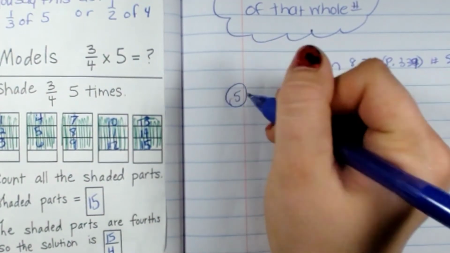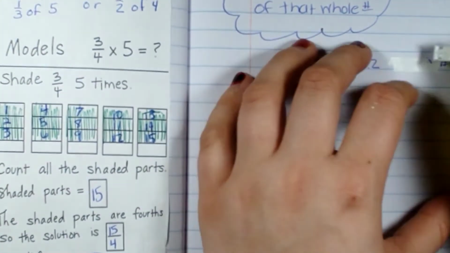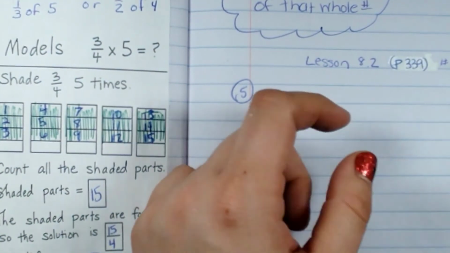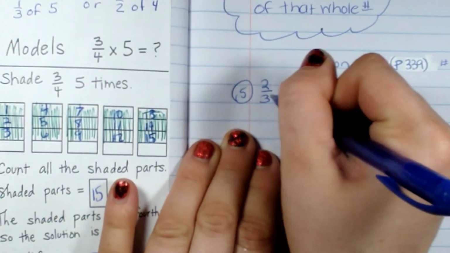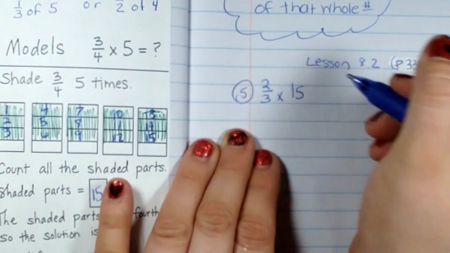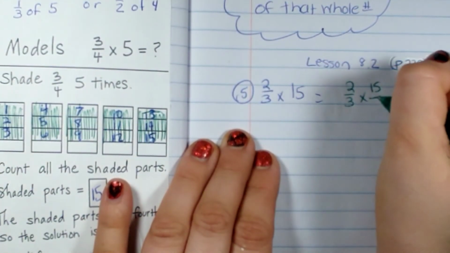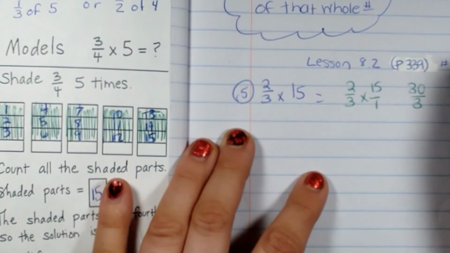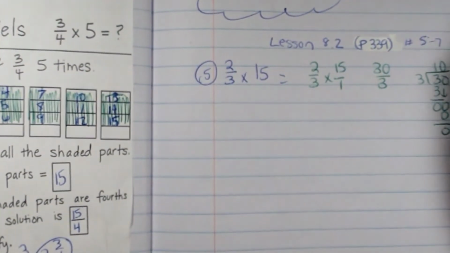Page 339, number 5 through 7. So 2/3 of 15. I'm going to do 2/3 times 15/1, which would be 30/3. My answer would be 10.